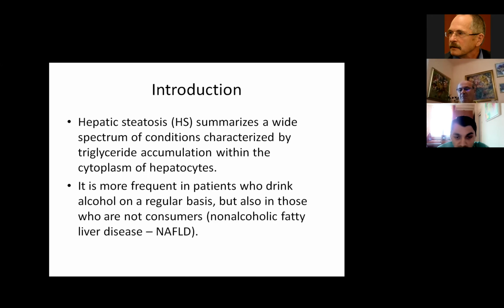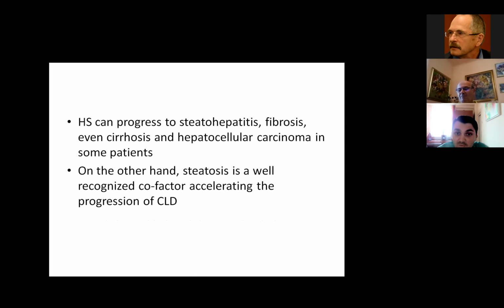You might already have heard about the non-alcoholic fatty liver disease entity, so it's quite a frequent disease. Hepatic steatosis can progress to steatohepatitis, which is an active form of the disease. It can progress with fibrosis, cirrhosis, and even complicate with hepatocellular carcinoma. On the other hand, steatosis is a well-recognized cofactor for the acceleration of all chronic liver diseases.